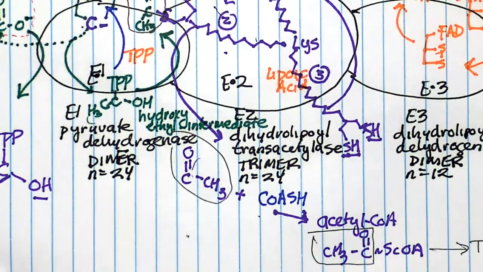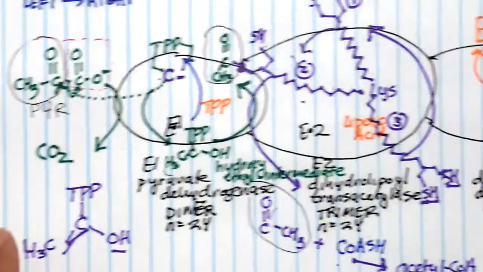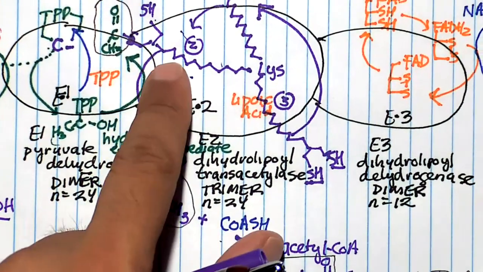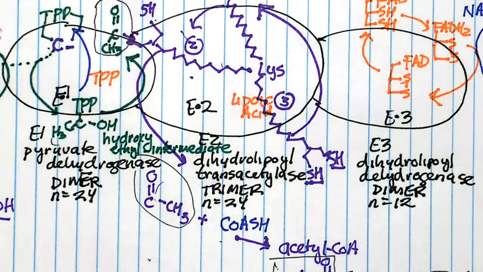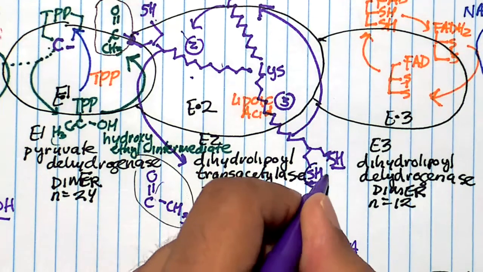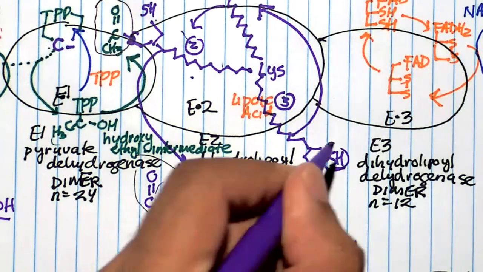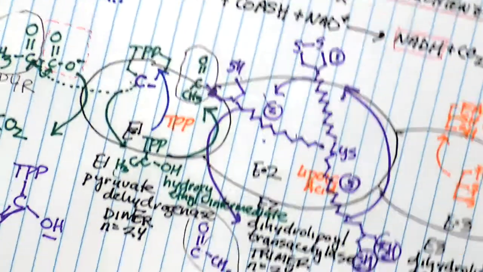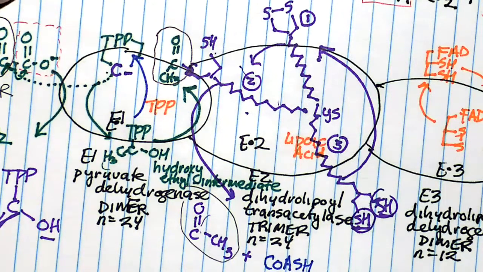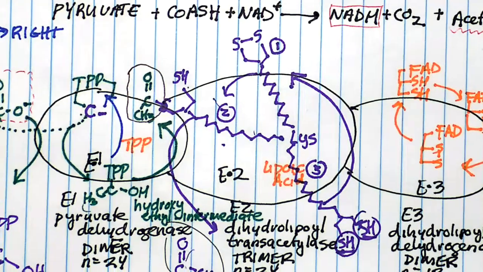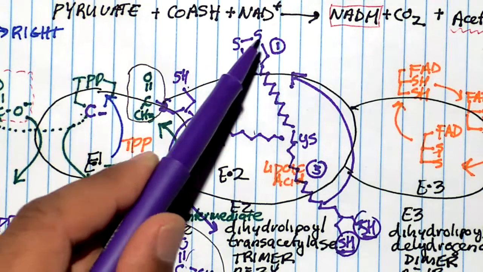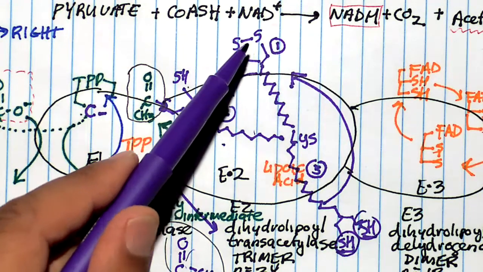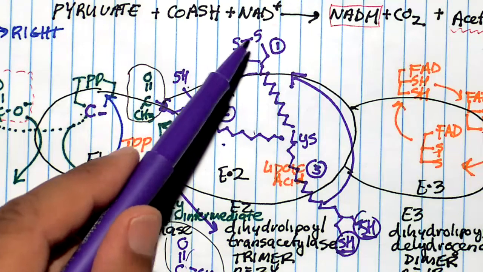Actually, our second product, if you consider CO2 as one of the products. And then this lipoic acid tether now has 2 SH groups. Again, we have swing state number 1, swing state number 2, swing state number 3. Look at the states of the sulfurs. Completely oxidized disulfide.